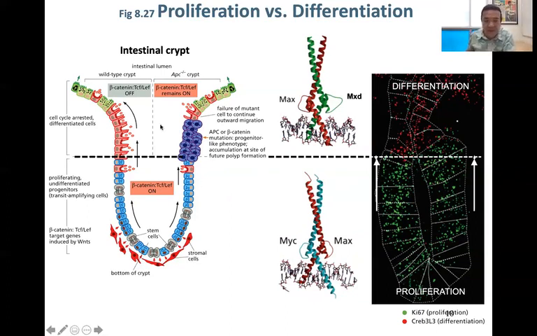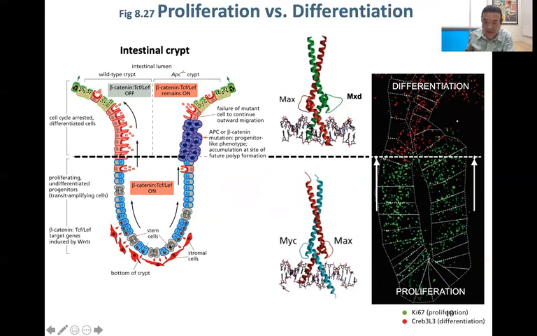Right? So we looked at this cartoon on the left before, and we studied it in the context of understanding how beta-catenin signaling is influencing this shift from proliferation to differentiation. Remember, we said at the bottom of the crypt are these stem cells that are receiving Wnt signals, the little red arrows, from the supporting stromal cells beneath the basement membrane, right?